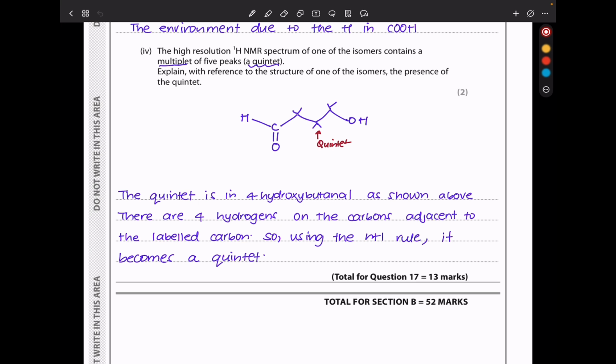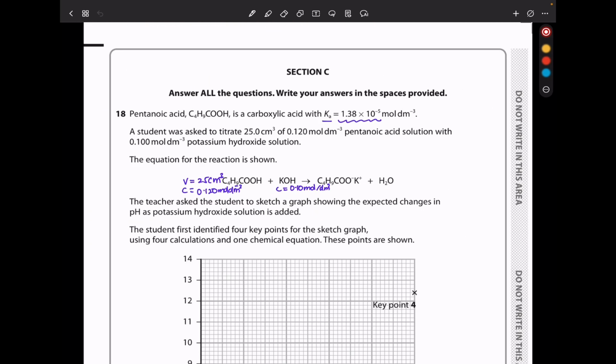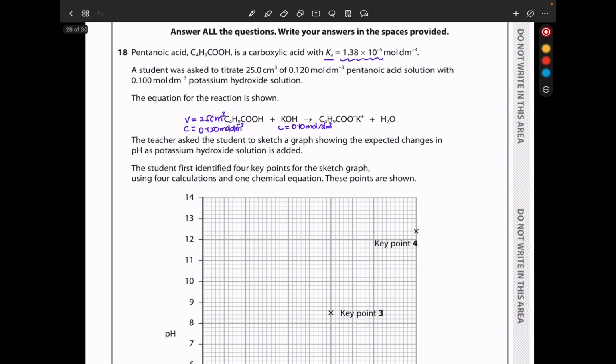Let's continue to question 18. In question 18, pentanoic acid, which is that, is a carboxylic acid with Ka, which is that, in mole per decimeter cubed. They say a student was asked to titrate 25 centimeters cubed of 0.12 mole per decimeter cubed pentanoic acid solution with 0.1 mole per decimeter cubed potassium hydroxide solution.